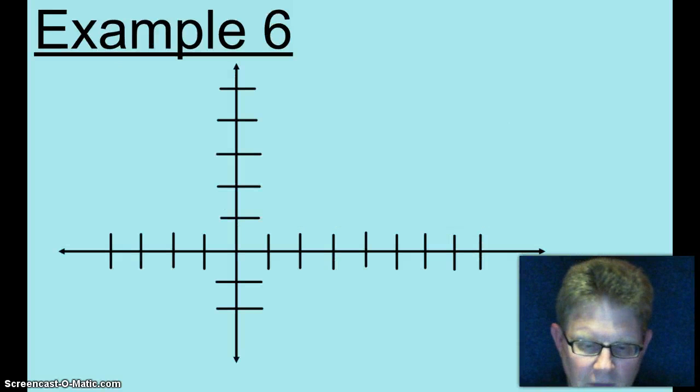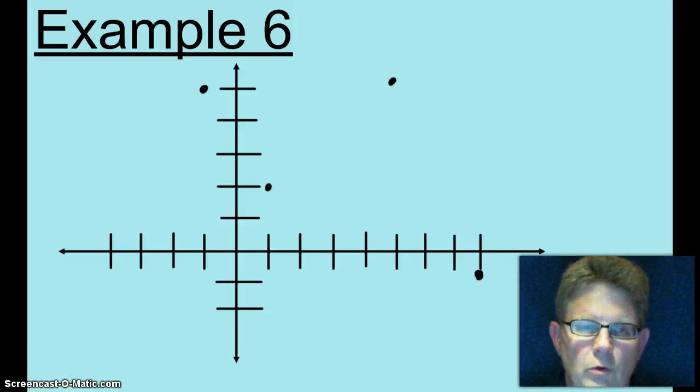Okay, given all those things, what we want to do is try to figure out which one of these multiple choice answers is correct. So what I want you to do is first I want you to plot all 5 points and then come back.